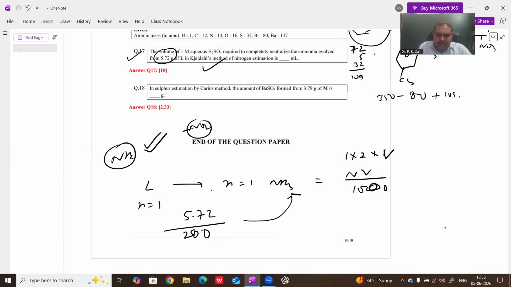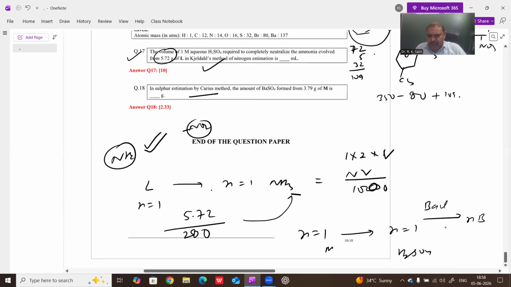In case of sulfur, 1 mole of compound M gives 1 mole of H2SO4. In the estimation of sulfur, 1 mole of barium sulfate is formed by the treatment with barium chloride.